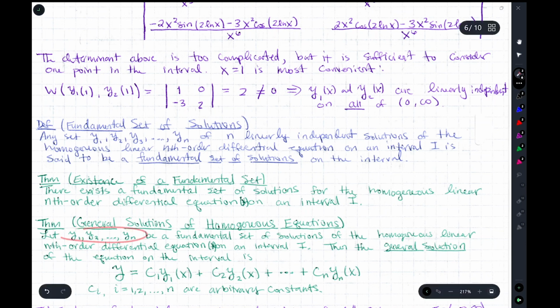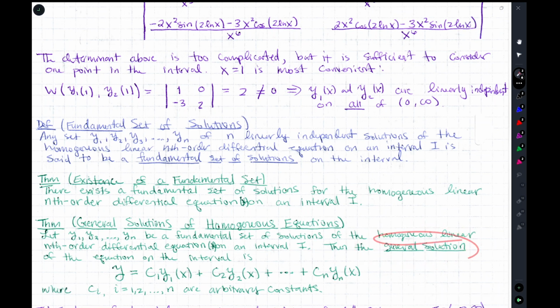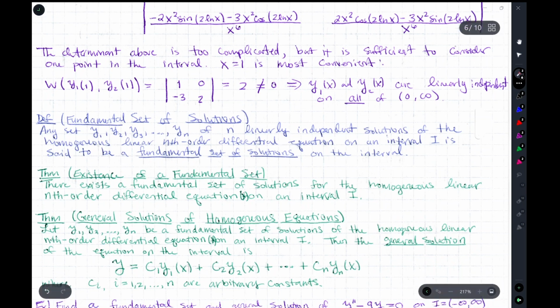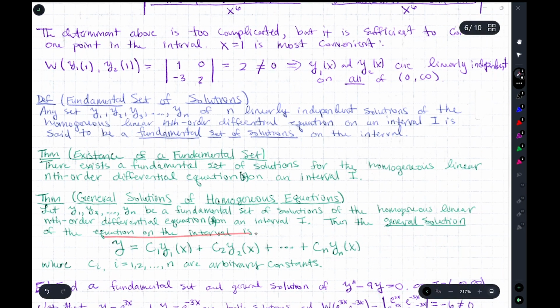Now let y1 to, again, focus on that n, yn. So you have n solutions. They are the fundamental set, okay, for the nth order homogeneous differential equation that we have above on an interval I. Then the general solution, okay, the solution which encompasses all other solutions once you fix the parameters, is given by this sum, okay, where the Ci are arbitrary constants.